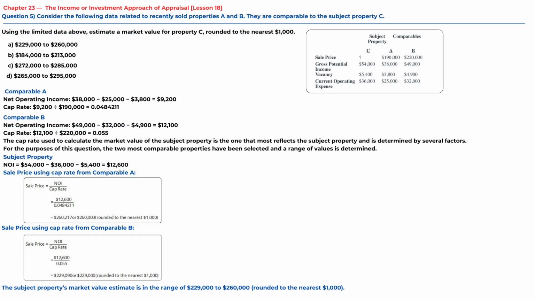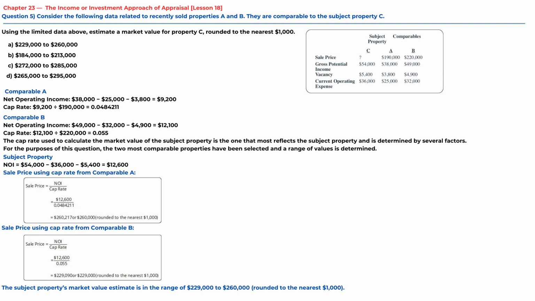Question 5. Consider the following data related to recently sold properties A and B. They are comparable to the subject property C. Using the limited data above, estimate a market value for property C, rounded to the nearest $1,000. Comparable A. Net operating income, $38,000 minus $25,000 minus $3,800 equals $9,200.